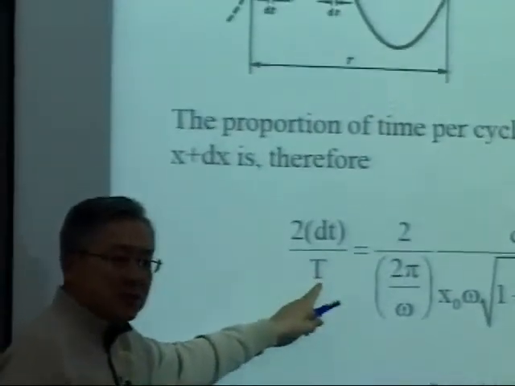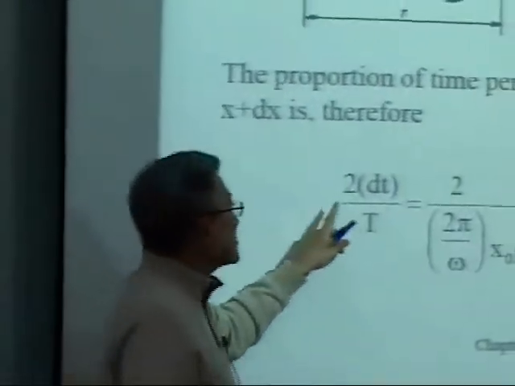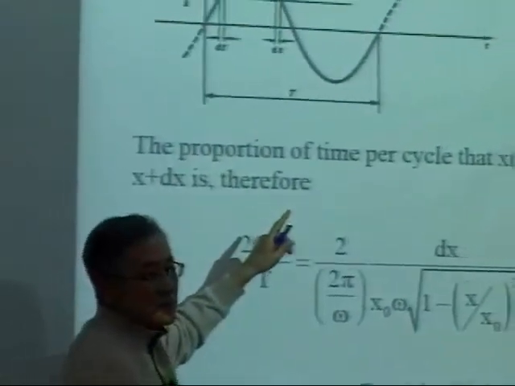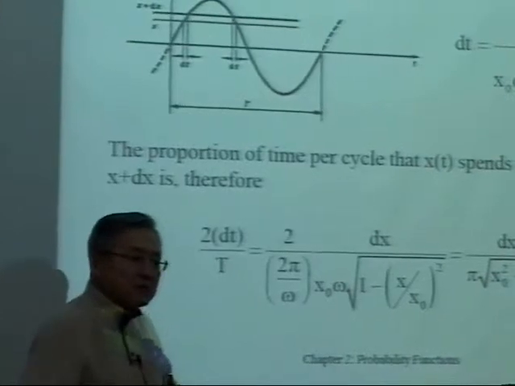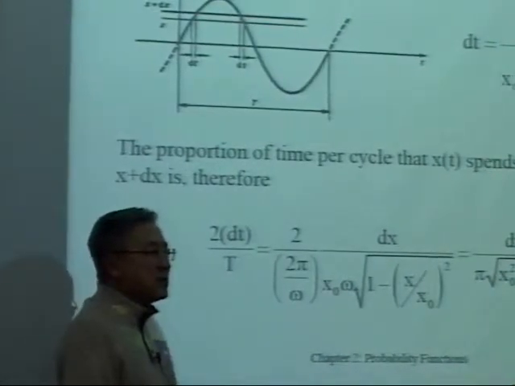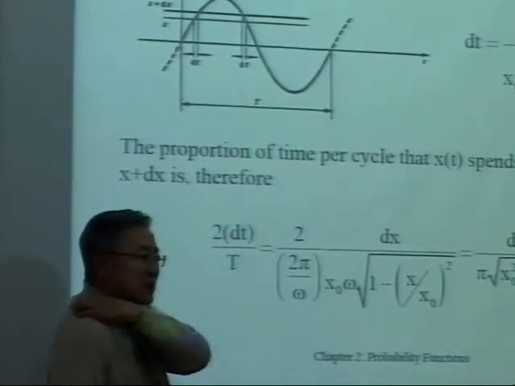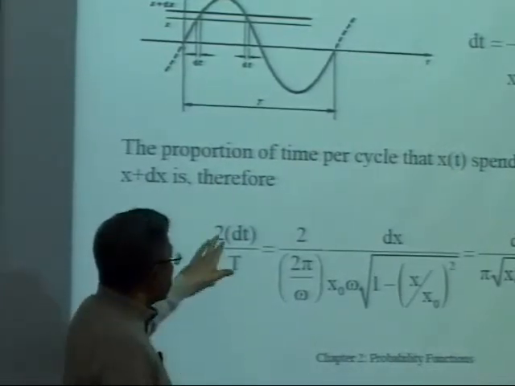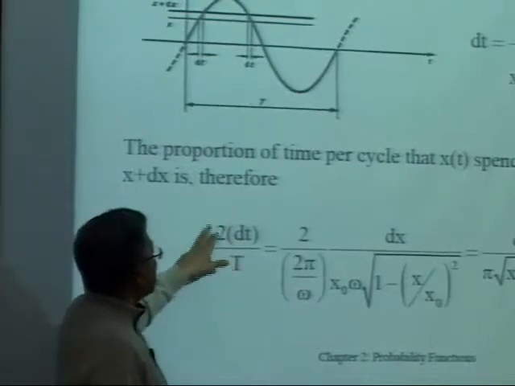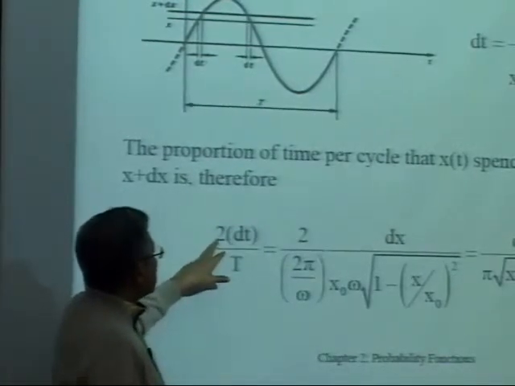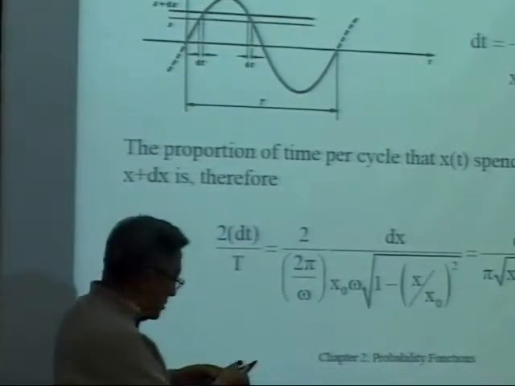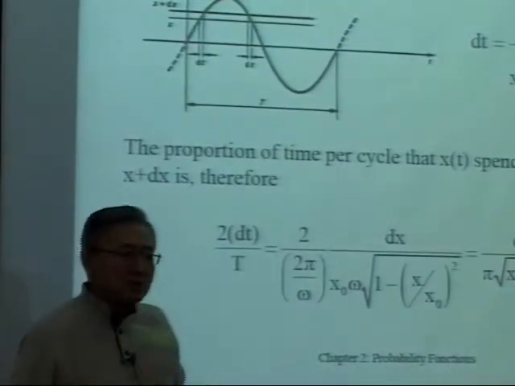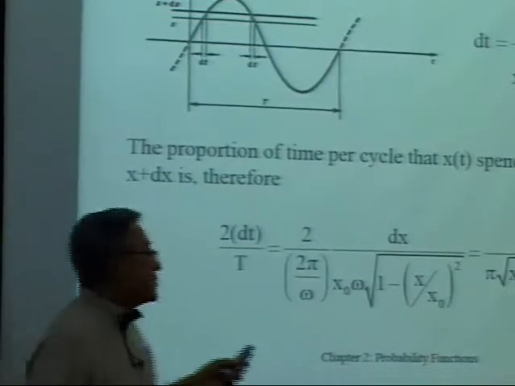Total time is a capital T, one cycle, and in one cycle it repeats itself. So you don't have to deal with infinite time. Only the one period is what you need, corresponding to 2 times the dt. Is my explanation understandable?